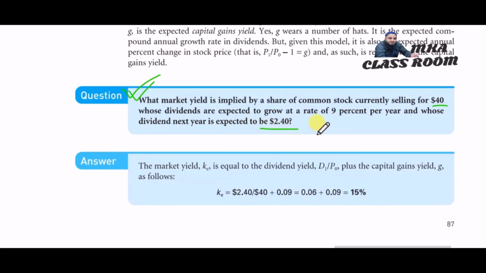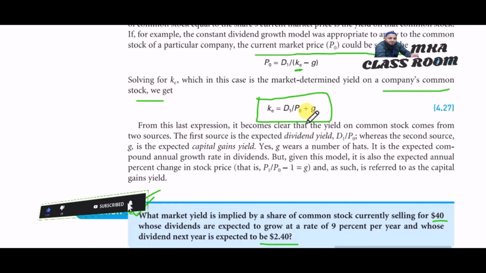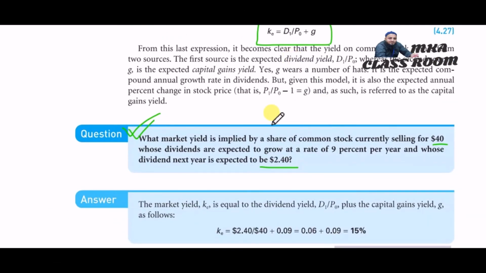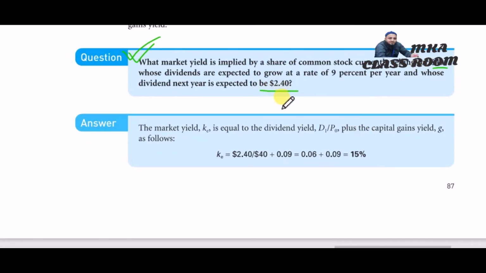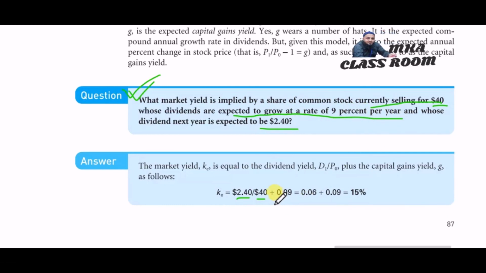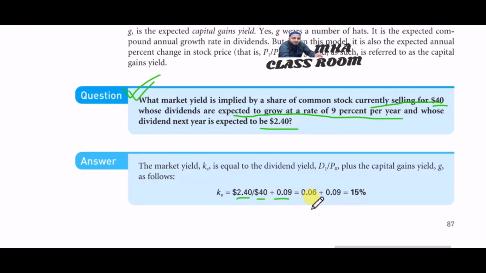Our formula says expected dividend D1, 2.40, divided by the current market price of the share, 40 taka, plus G, expected to grow at 9% per year, that is 0.09.